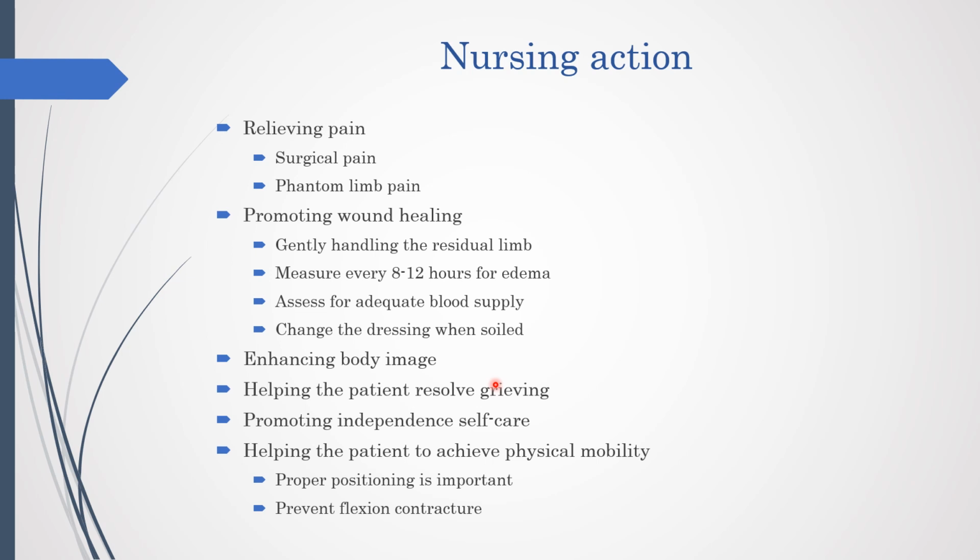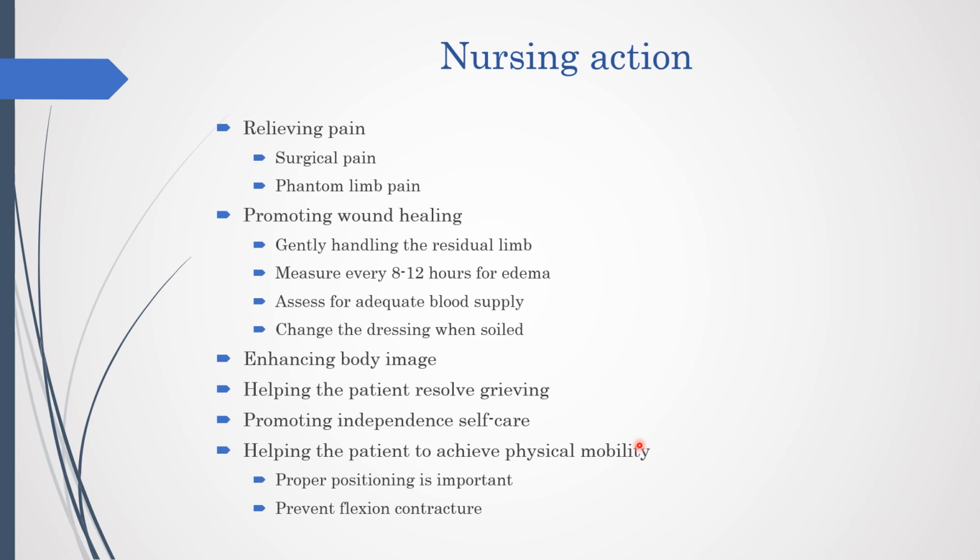So involve them in the care. The nurse must maintain a positive attitude and encourage the patient toward a positive attitude to minimize grieving and encourage the patient's learning process.